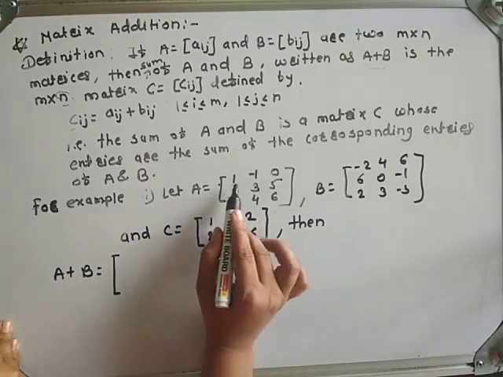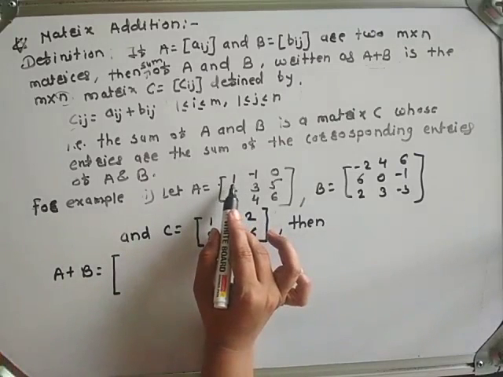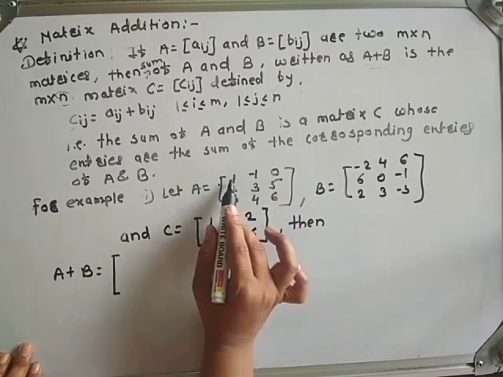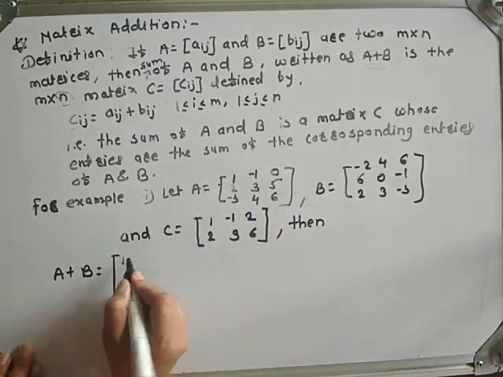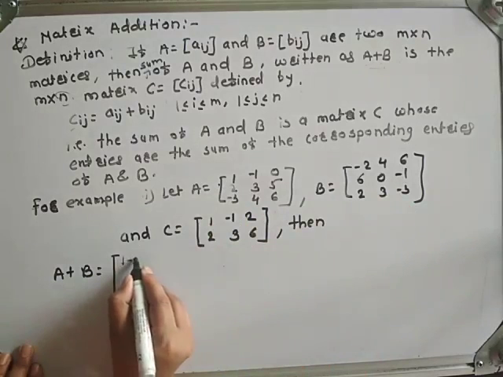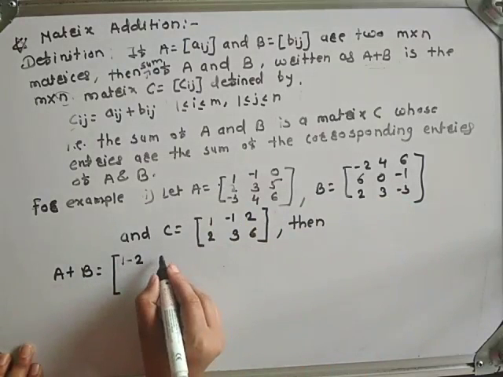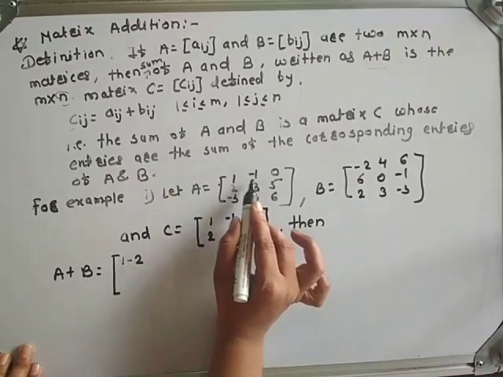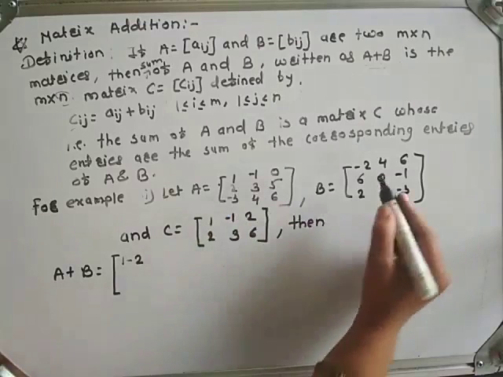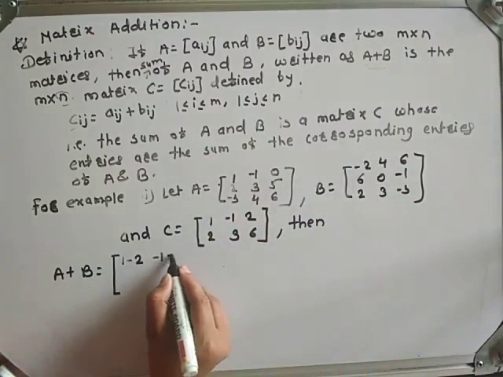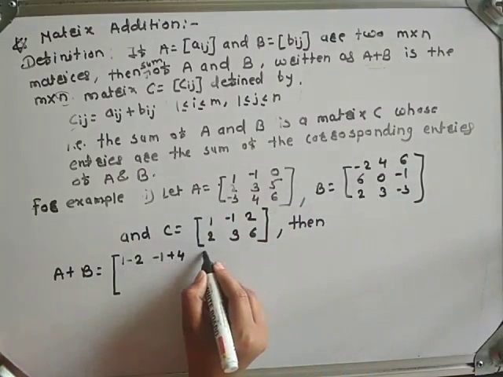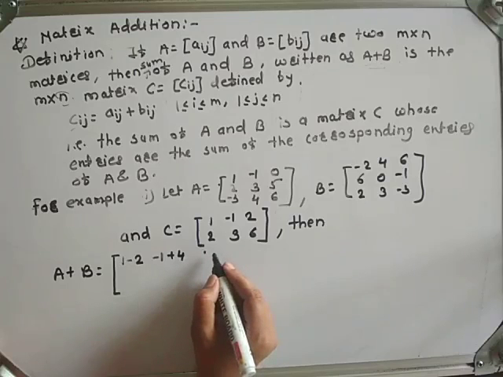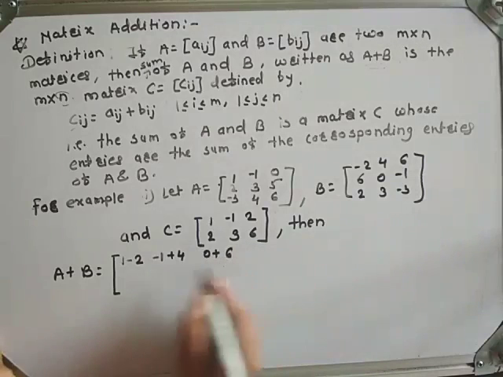So let us add entries in first row, first column, 1 minus 2. Second, let us add entries in first row and second column, minus 1 plus 4. Next, add entries in first row and third column, 0 plus 6.